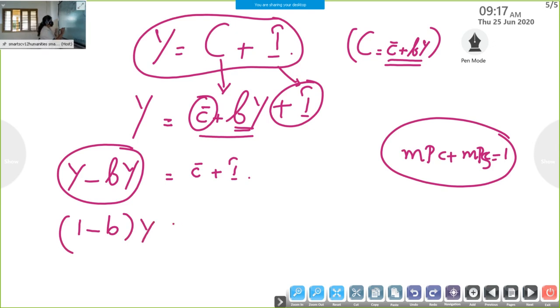Common is equal to again C dash plus I. Again modification: Y is equal to, taking this to the right side, 1 minus B becomes 1 by 1 minus B, into C dash plus I. Till here okay.